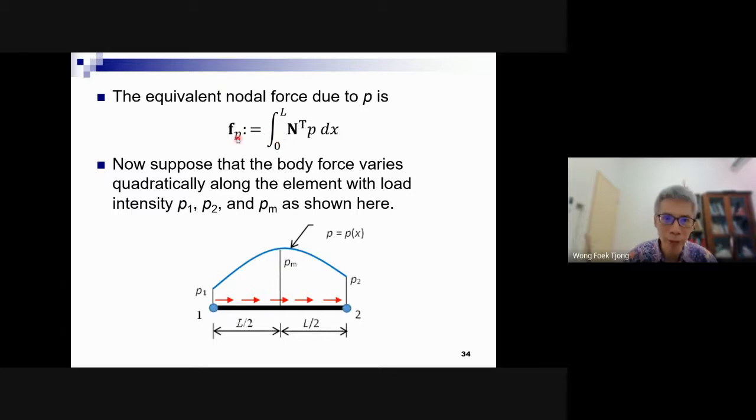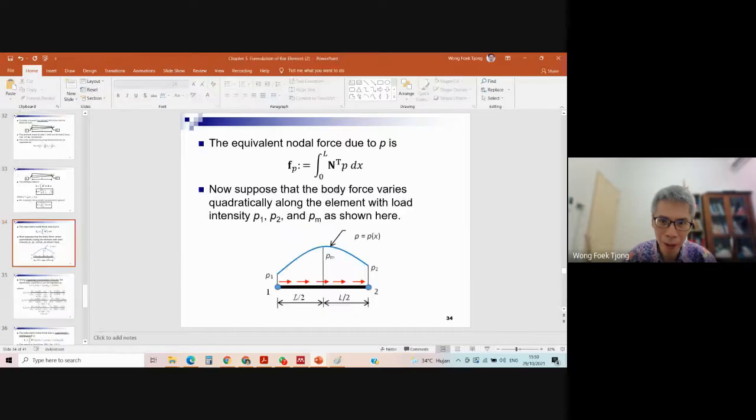In order to calculate this, to determine this force, we should know the distribution of P in our problem. Let's suppose, not the body force actually, this is the axially distributed force. I should rewrite.